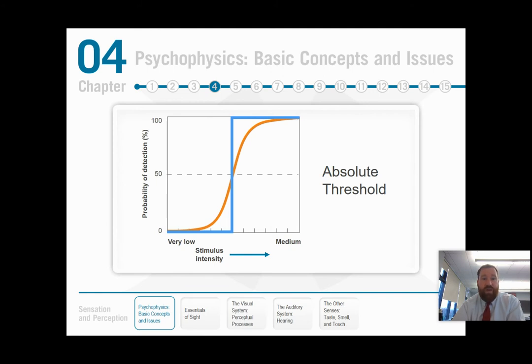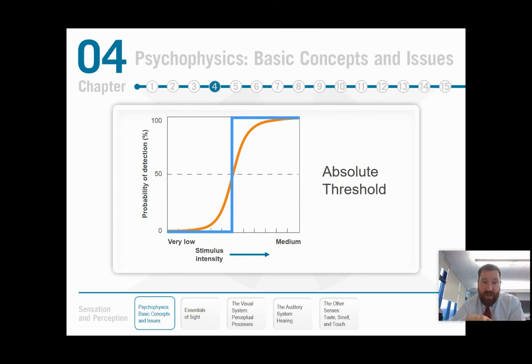So they would fall in the left-hand side of this graph, right? As it starts to go up, it's very low stimulus, but there are some people who will be able to see it. And conversely, after that 50%, there are some people who might not see that candle flame until it's at 20 miles away or something like that. Again, that depends on the individual's biology and our individual absolute thresholds.